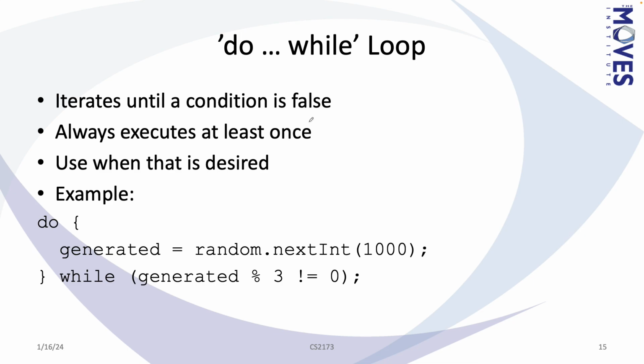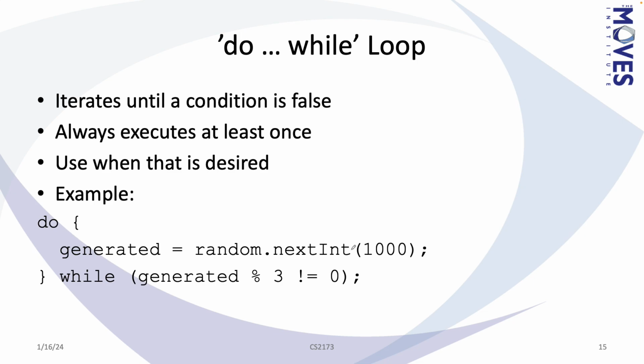So here's an example of the do while. Again, the do while always executes at least once. In this case, I want to generate a random number until I find one that's a multiple of 3. Why? Who knows? I don't know what that value is going to be.